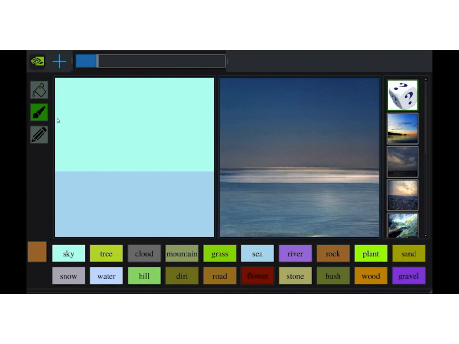In this case, at the base case of this little system, we're seeing the bottom region is water, and the top region is sky. In this left hand panel, that's the input. The output is in the right hand panel, and what it's showing is it's able to kind of summon up an image whose regions are defined like that.